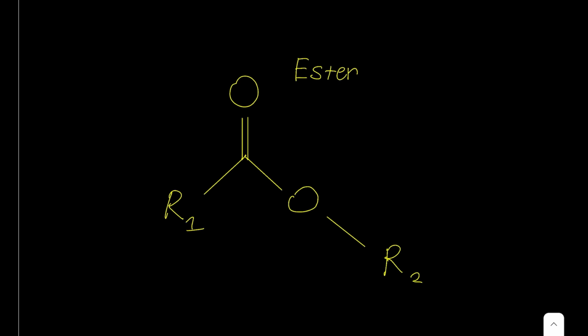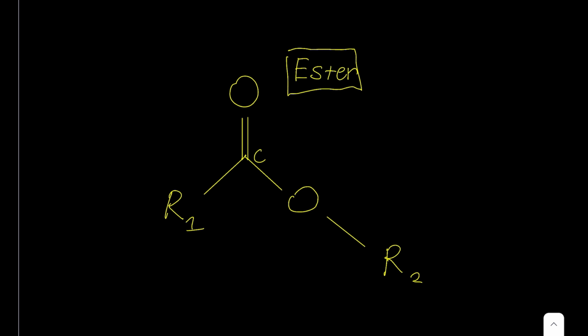And over here, I have provided the basic structure of an ester. If you don't know how to read these, you'll have a carbon here, or no, that's the only carbon.